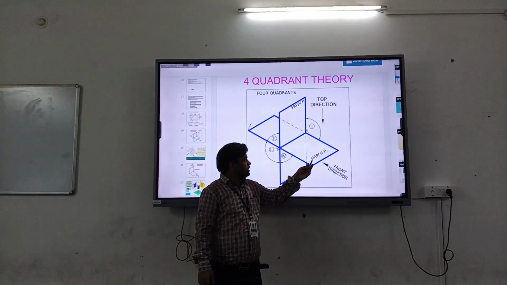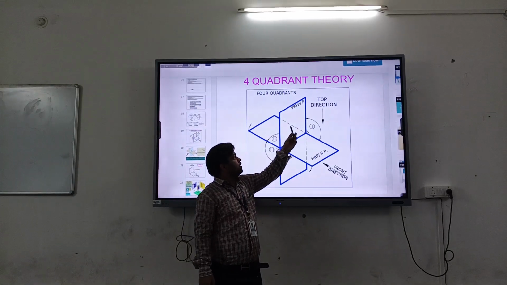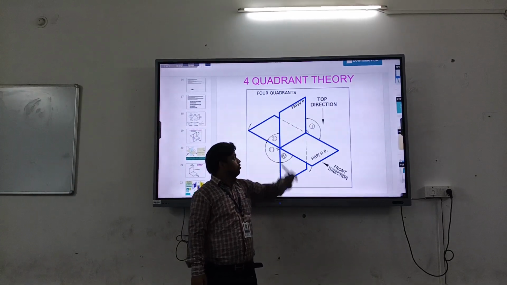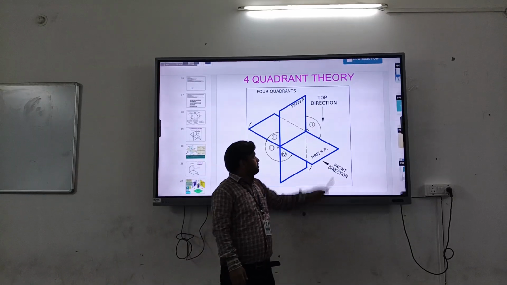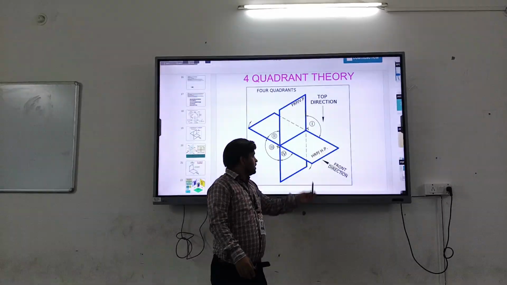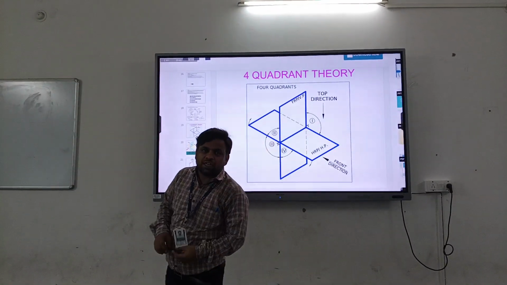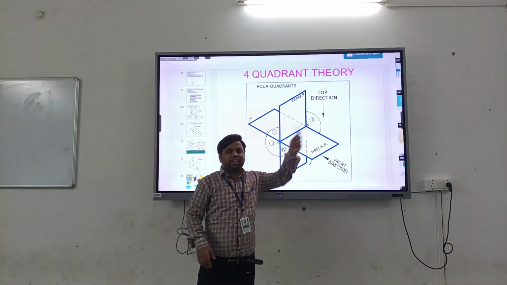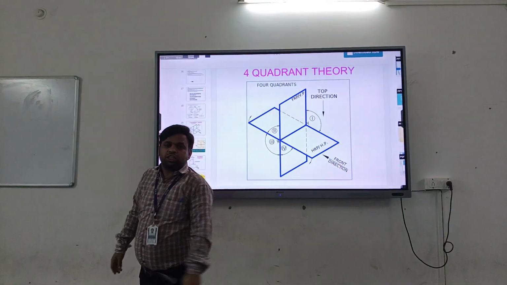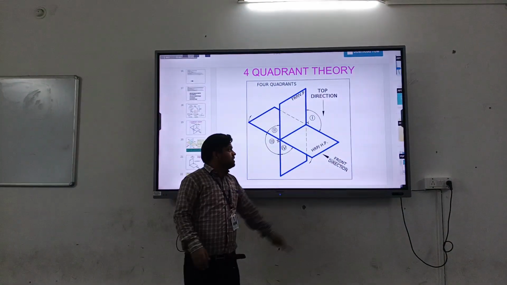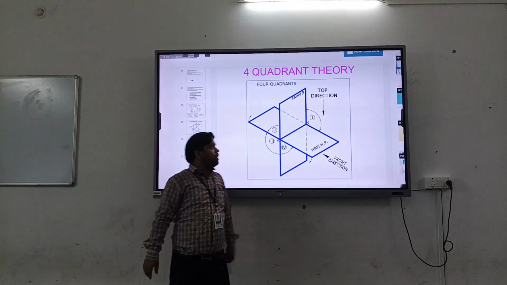And this is the first quadrant, meaning the object is above the horizontal plane and in front of the vertical plane. So this position of the object is in the first quadrant.